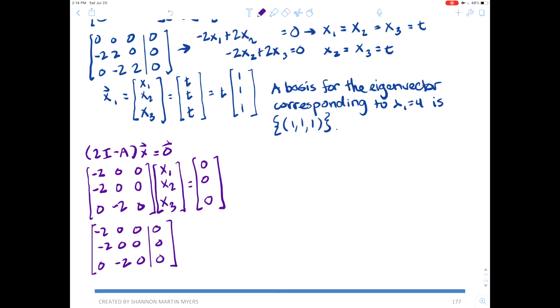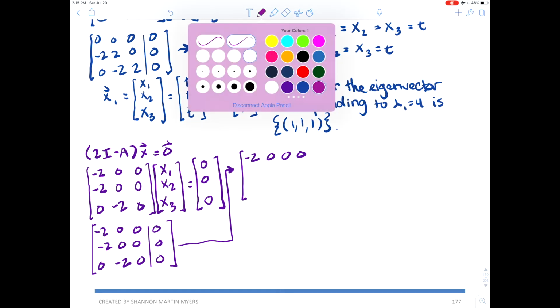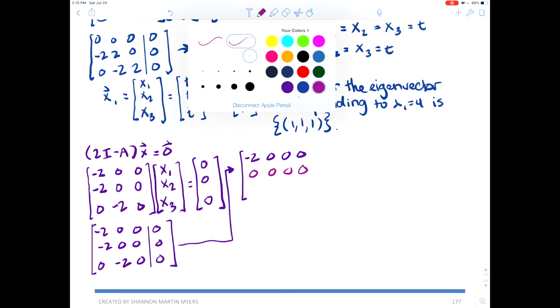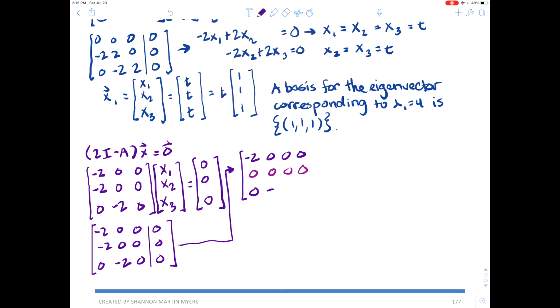Okay, well, what are we going to have? We know that if we do negative row 1 plus row 2 for a new row 2, we'll end up with 0, 0, 0, 0 for row 2. Which in turn gives us negative 2x1 equals 0.